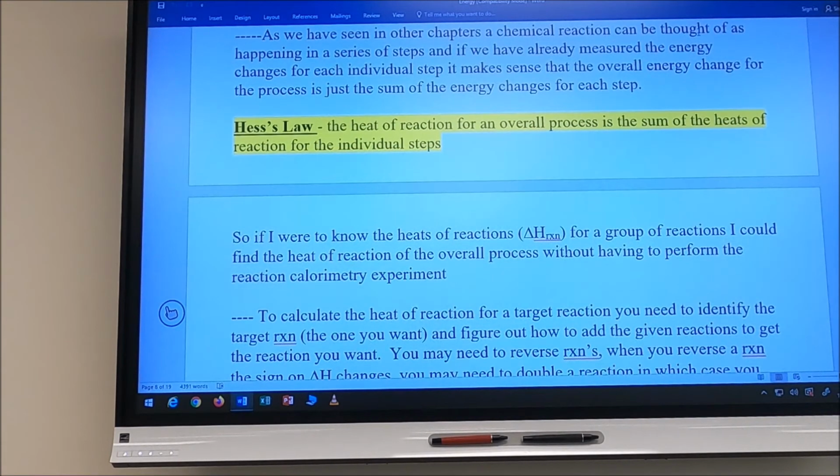As we've seen this semester, sometimes we can think of a reaction as a sum of a lot of steps. So A plus B goes to C, C plus Q goes to X, and X decomposes into Z plus P. All right? So Hess's law says that the heat energy of an overall process is the sum of the heat energies of the individual steps.